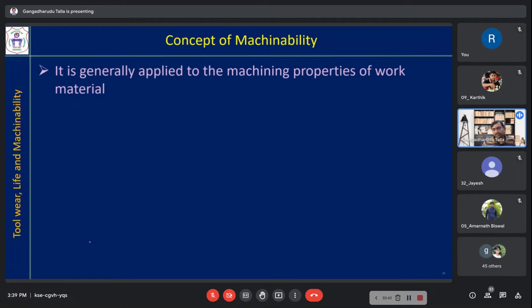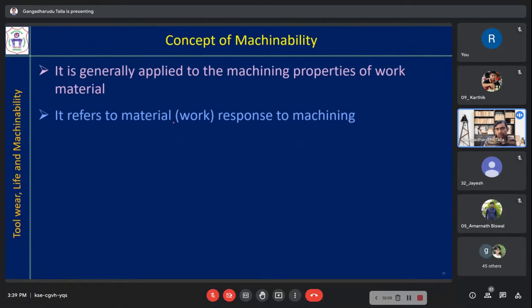So first of all, let us try to understand what machinability is. It is generally applied to the machining properties of the work material. Machinability is a property of the workpiece material, that's it. It refers to the work material's response to machining. So how a material responds to the machining process.